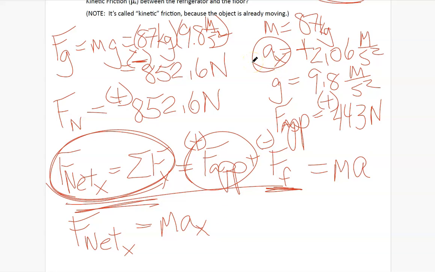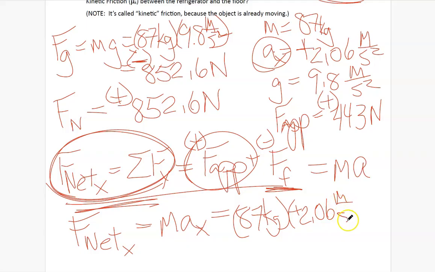All right? So we can actually calculate what the net force is by multiplying mass times the acceleration that we know. We plug that in. We've got 87 kilograms, and we multiply it times positive 2.06 meters per second squared, and we get that this equals a positive direction force of 179.22 newtons.